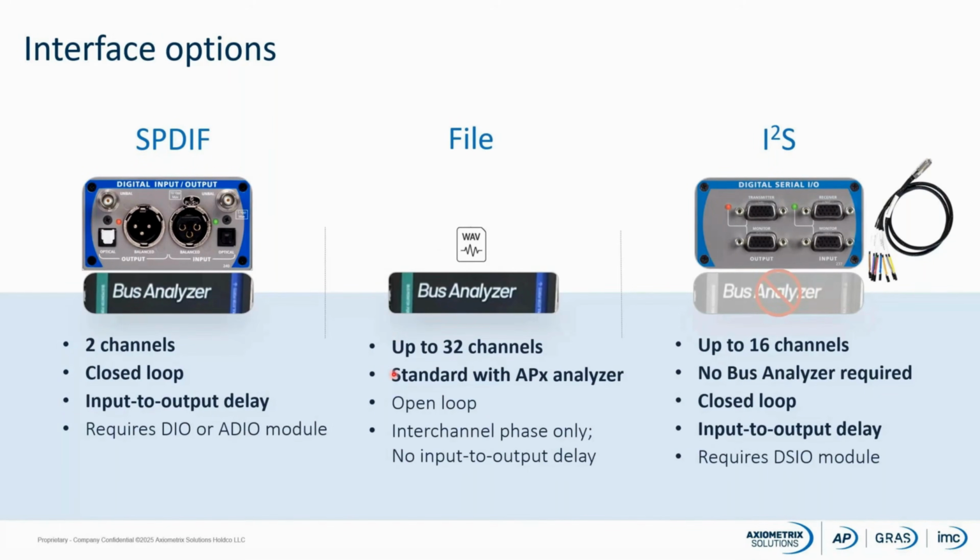It comes standard with all of our analyzers, but it's open loop. And so you can measure inter-channel phase, but you can't measure the input to output delay. And then lastly, I2S, or digital serial, allows for up to 16 channels, negates the use of the bus analyzer, and is closed loop, which again allows for input to output delay.